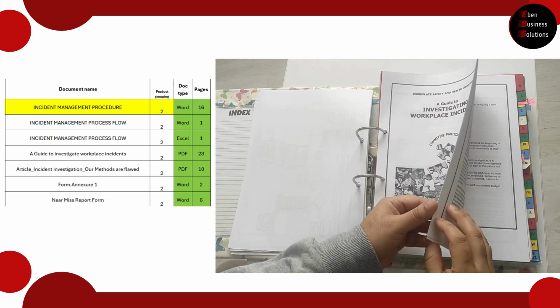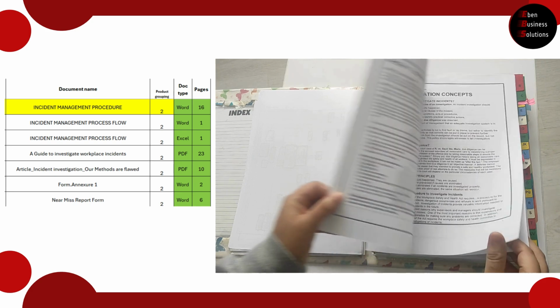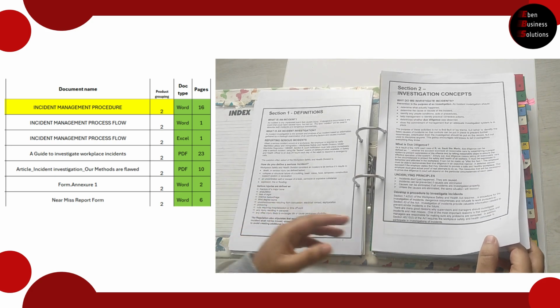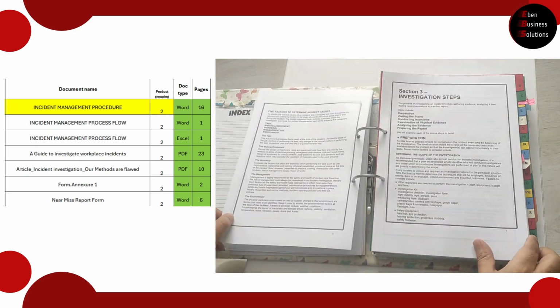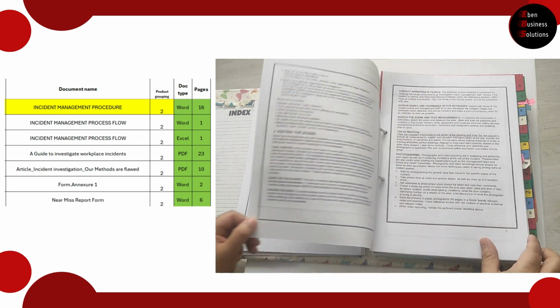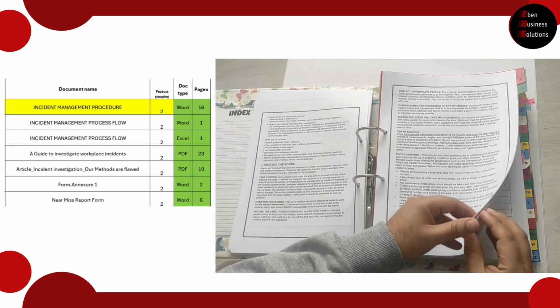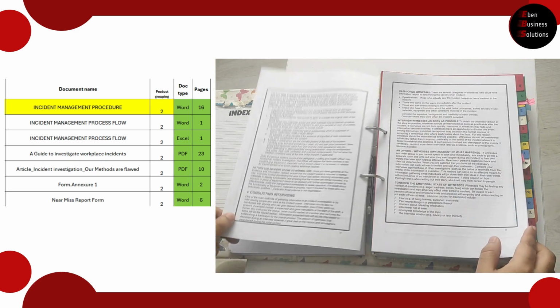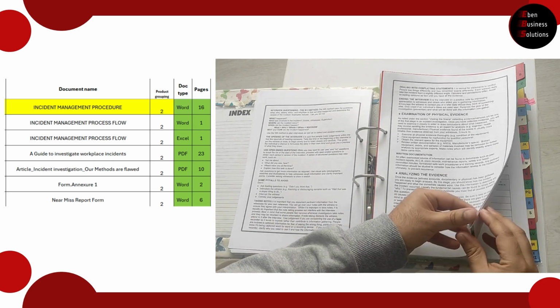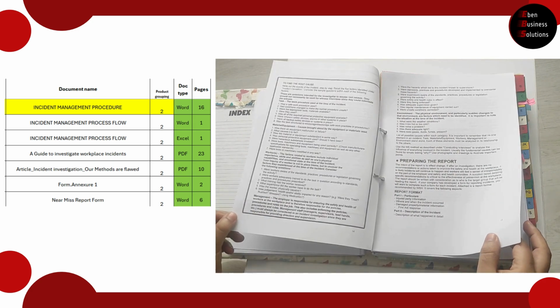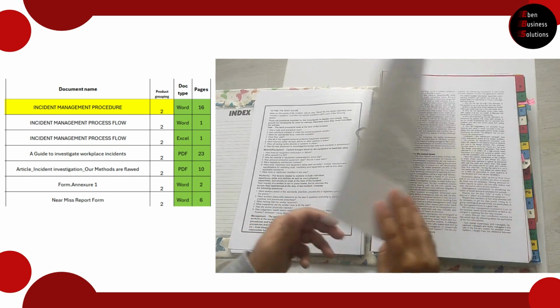This is a guide, or a bit of training material, that looks at definitions, investigation concepts, investigation steps, visiting the scene, conducting interviews, and then finally concluding on the results of the investigation, communicating and preparing a report.